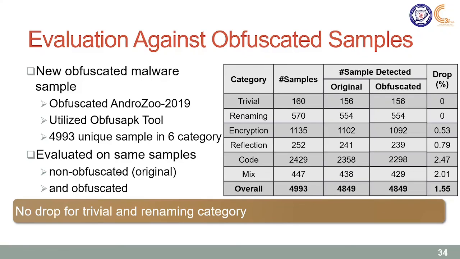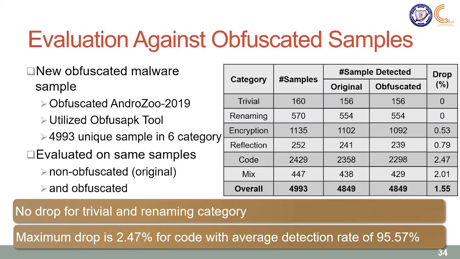We do not observe any drop under the categories of trivial and renaming. However, we see a maximum drop of 2.47% for the code obfuscation category. The overall average detection rate against obfuscated samples is 95.57%, which is a drop of 1.55%. For more experiments and results, please refer to our paper and the web link provided in it.